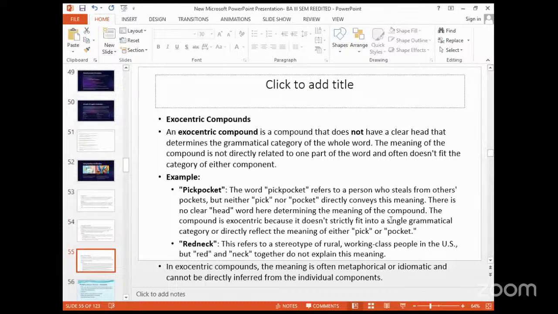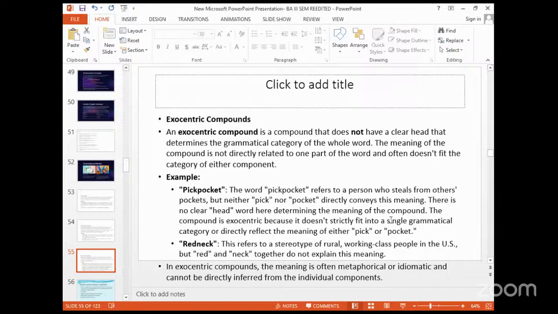Now coming to the exocentric compound. An exocentric compound is a compound that doesn't have a clear head that determines the grammatical category of the whole word. The meaning of the compound is not directly related to one part of the word and often doesn't fit the category of either component. For example, pickpocket. The word pickpocket refers to a person who steals from others' pockets, but neither pick nor pocket directly conveys this meaning.